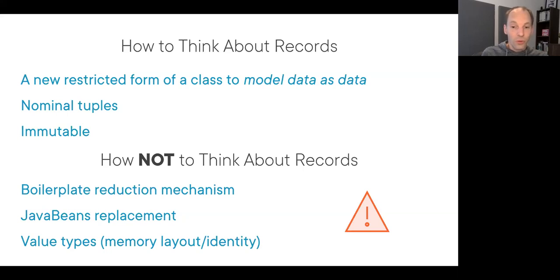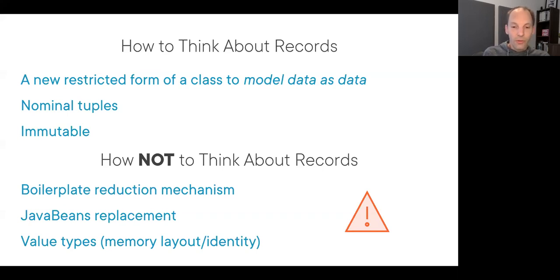Of course, because there are no setters, a record is immutable, but also because this Java beans convention is really not something that is baked into the Java language model, and this is not something that they want to do there. So Java beans are an entirely different kind of way of working with data, still valid for some use cases, as we'll see later. But in general, it is not a one-for-one replacement for any Java bean that you have in your code.